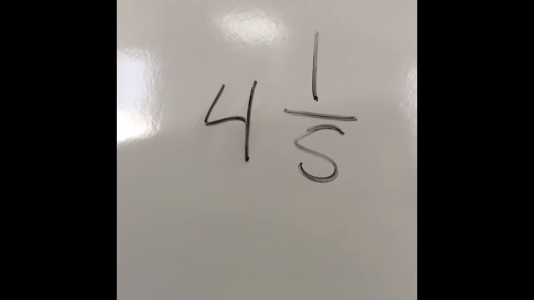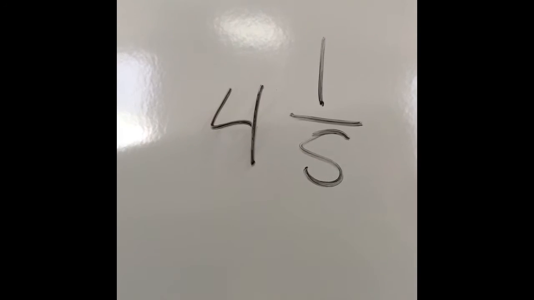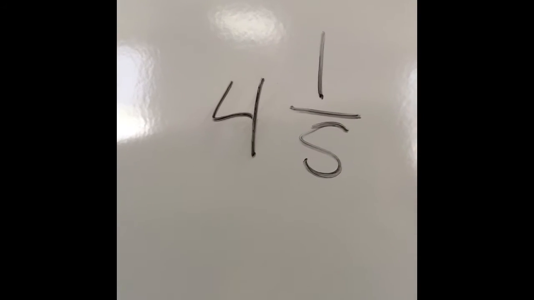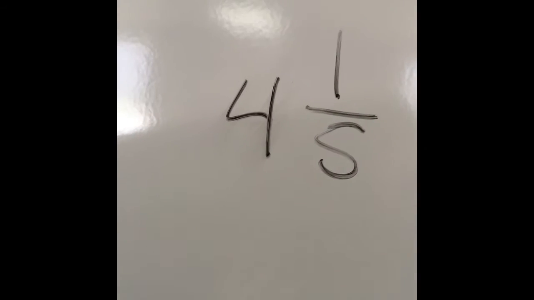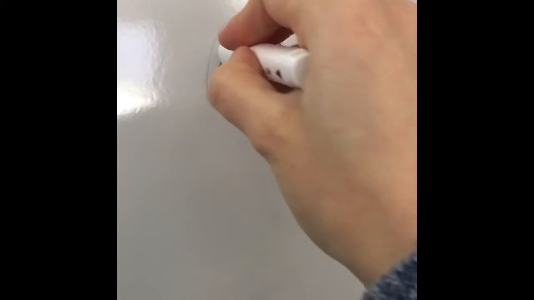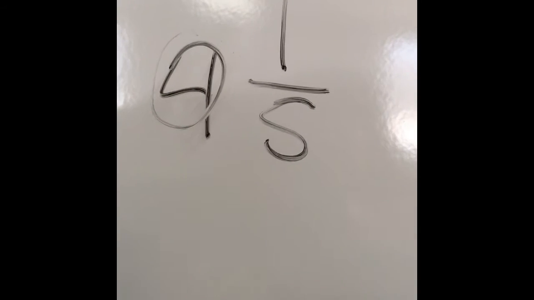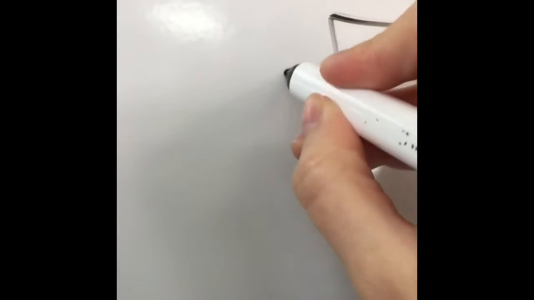For your second practice problem, you're given 4 1/5. Remember that when we're turning a mixed number like this into a decimal, we can leave our whole number all by itself. We don't really need to do anything with that. So in this case, we'll leave our 4. We will divide 1 by 5.